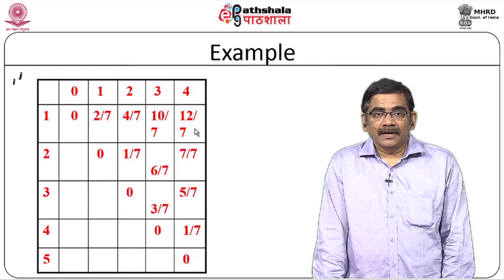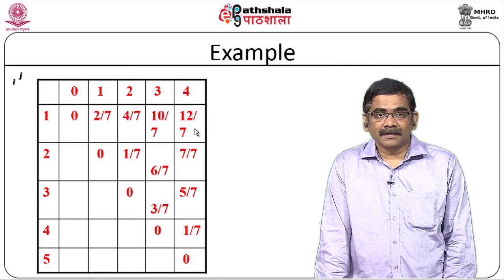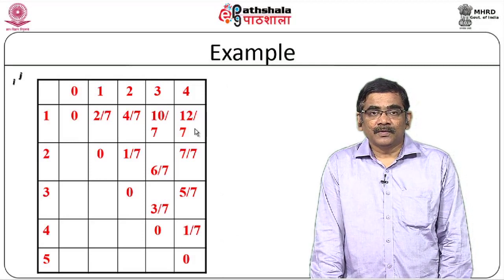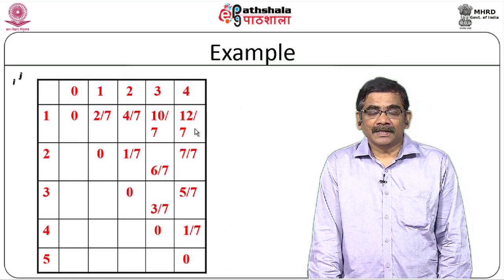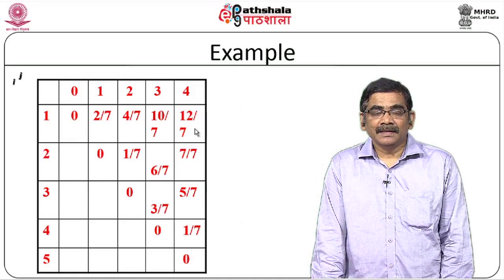Fine. Now we have seen what the optimal cost is, but what is the tree? Using the same logic as we discussed in earlier problems, we have to establish another table where we enter the value of k which gave the minimum.